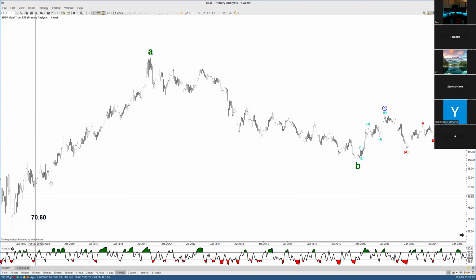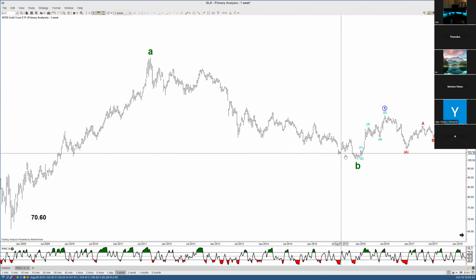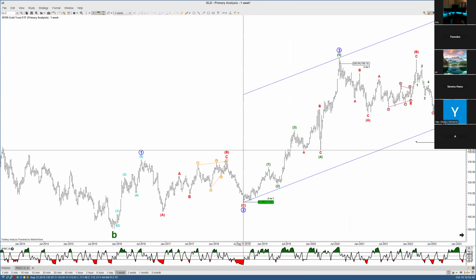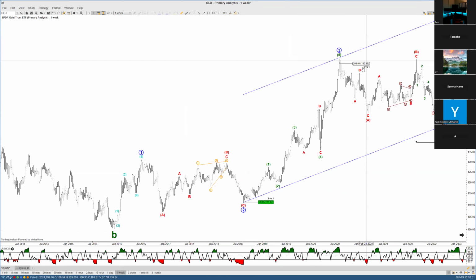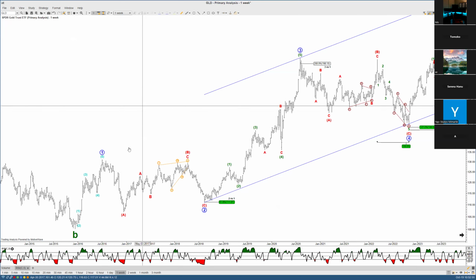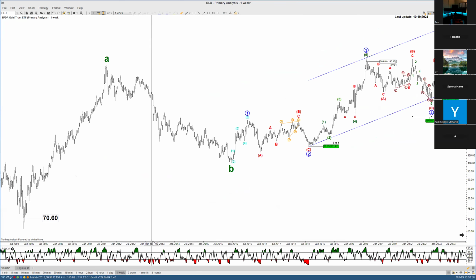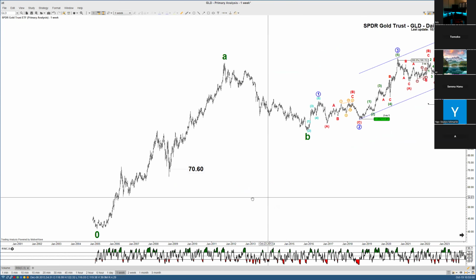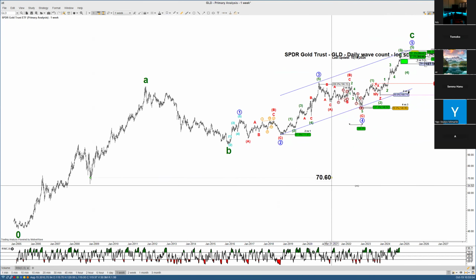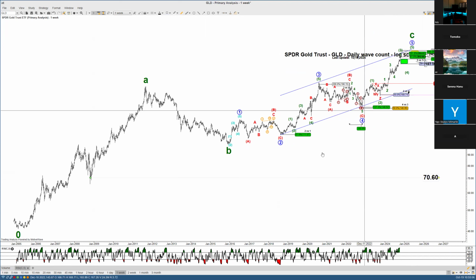This is my entire run so far in gold. I haven't sold anything. I just want to keep gold, always keep gold in a portfolio. This is a weekly chart that I'm showing. You can see those dates. Now look from here. I'll shrink it from here to the upside.